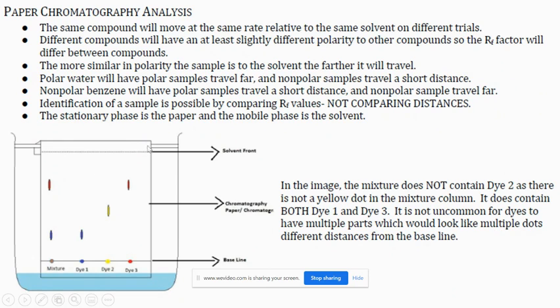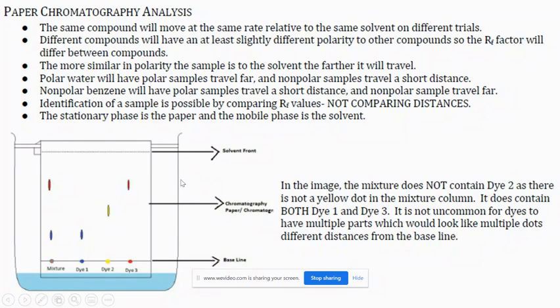So when you analyze these, you will mark where you stopped when you pulled it out, where that solvent was when you pulled it out of the water, and you will have your baseline here, and you're going to measure from that baseline to the leading edge of the solvent, and you subtract. That becomes then your Rf value.